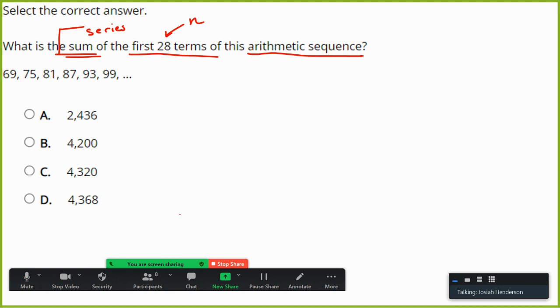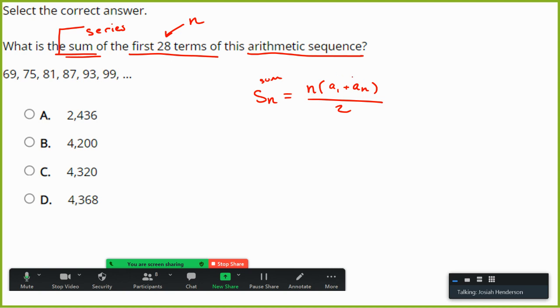So series formula, find that in your notes. From yesterday, we found it was this. So Sn, that means sum or series. Okay, so here's our series formula.